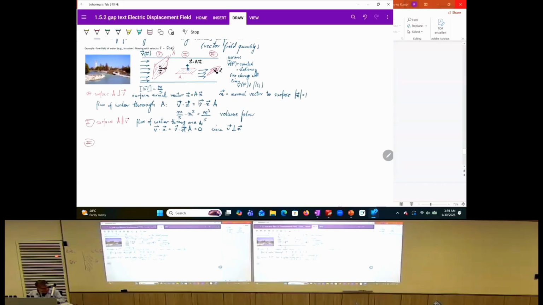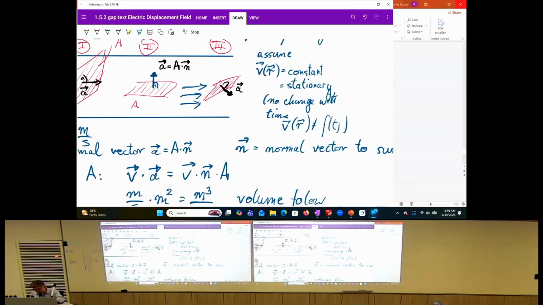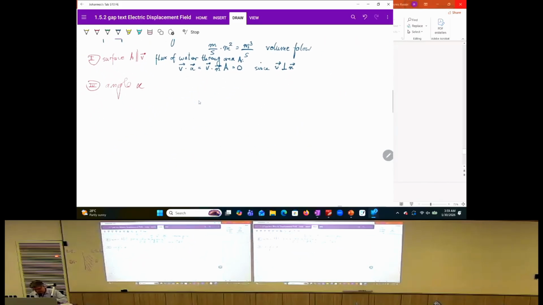But now you have an angle between the area element and the vector v. Maybe I should plot that a bit differently. You have a normal vector to the area, but between these two you have an angle alpha.